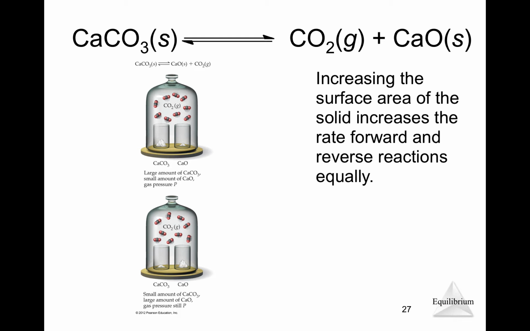If I grind them up, increase the surface area so that I speed up the rate of calcium carbonate turning into carbon dioxide, I also speed up the reverse reaction. So increasing the surface area, or adding more solid, doesn't shift the reaction forward. It just increases the reaction rate in both directions.